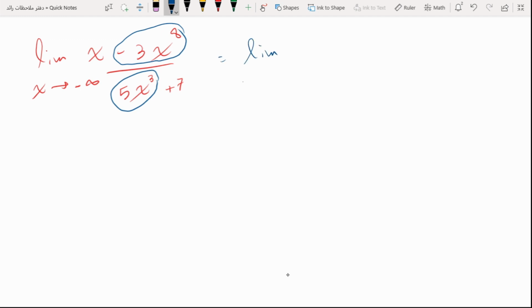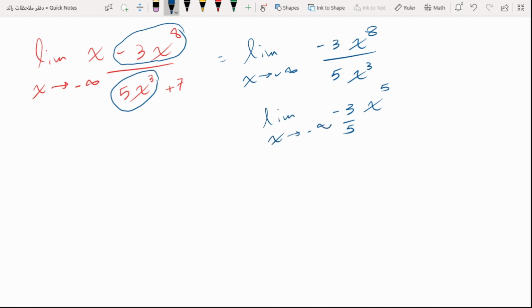Limit as x approaches to negative infinity, negative 3x to the power of 8 over 5x to the power of 3, and by simplifying it will be negative 3x to the power of 5 over 5 limit as x approaches to negative infinity.